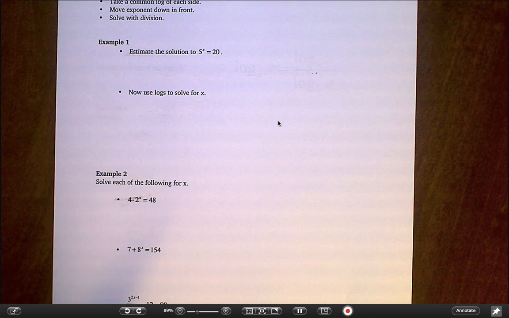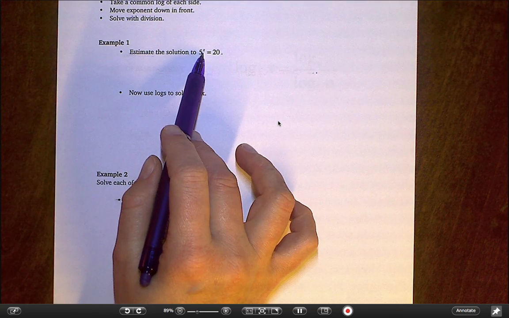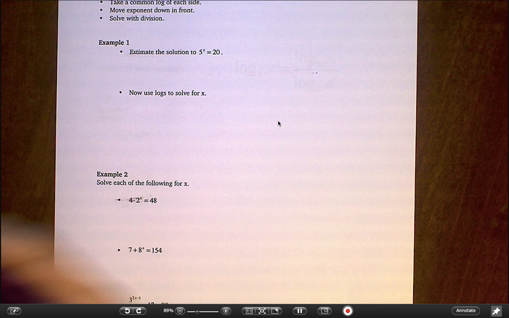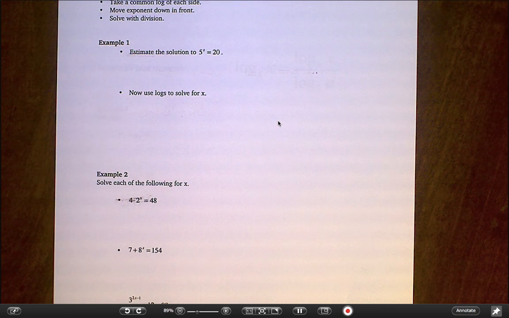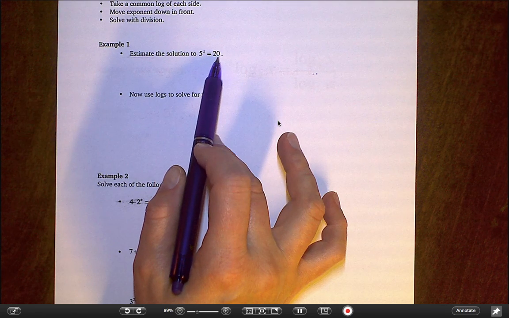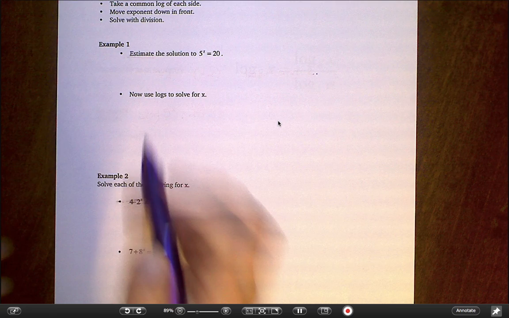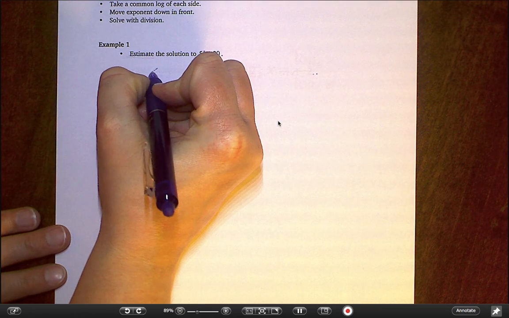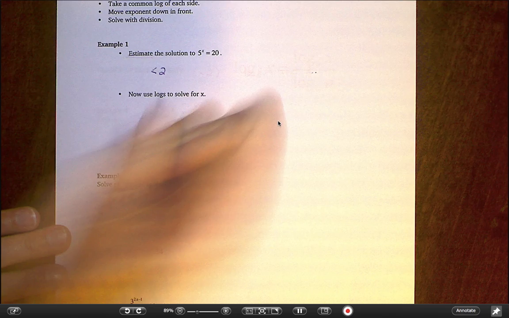Looking at example 1, notice it just says to estimate the solution to 5 to the power of x equals 20. So this number here is approximately what? Well, we know it's got to be something less than 2. Because if it were a 2, we would have 5 squared equals 25, and this is a little less than 25. So we know that it's less than 2.